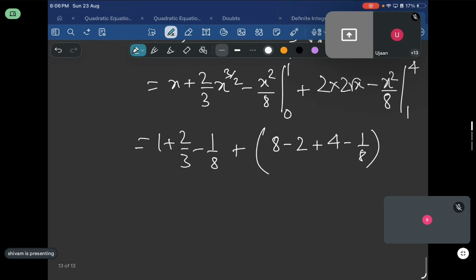Done. So what are we getting? Let us take the integer value. 1 plus 8, 9 plus 4, 13. 13 minus 2, 11. And 2 by 3.